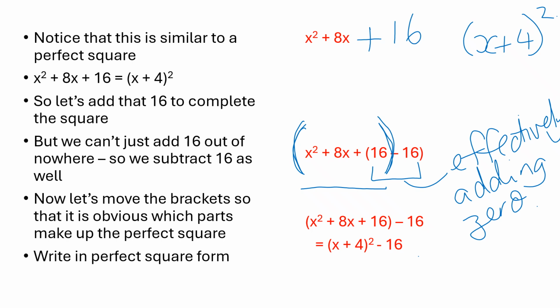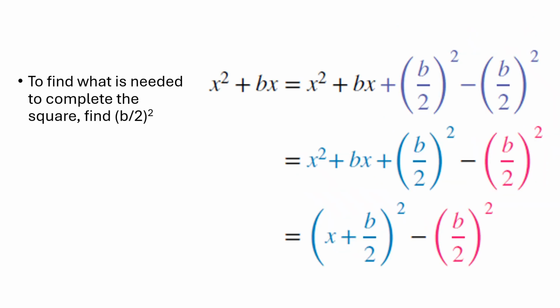You will sometimes see completing the square written like this, and this is just showing us what we have done in a different manner. This section here is the part that we need to add in to complete the square.